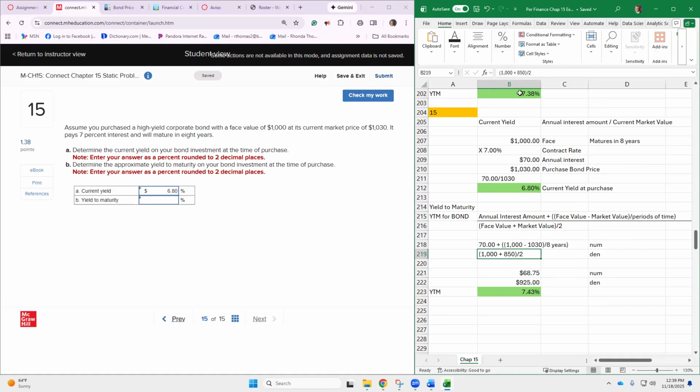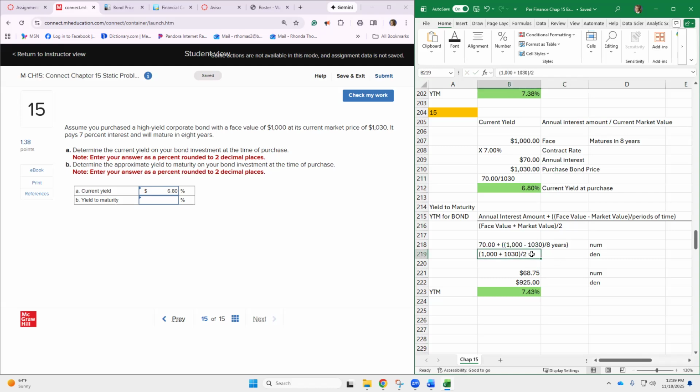Okay, so there it is. Let's go ahead and keep going here. So then 1,000 plus. Now notice this one's plus. Okay, plus. So we're going to put 1,030 here. Going to add those two together and divide by 2.